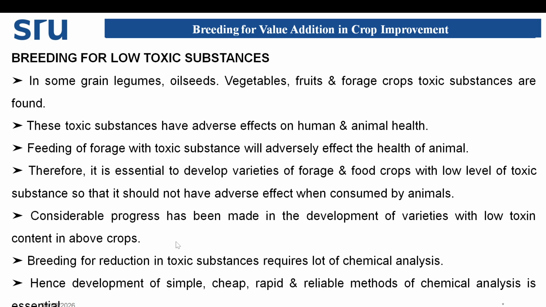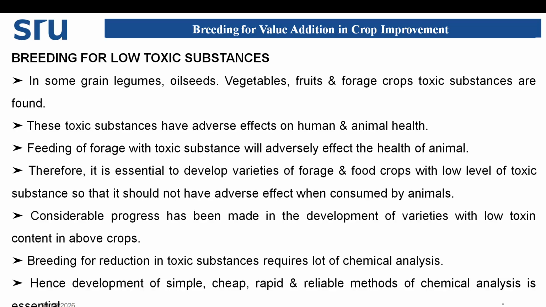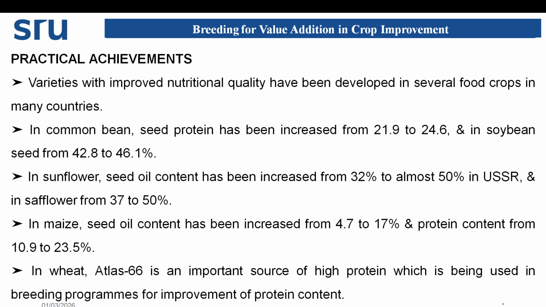Considerable progress has been made in the development of varieties with low toxin contents in the above crops. Breeding for reduction in toxic substances requires a lot of chemical analysis. Hence, development of simple, cheap, rapid and reliable methods of chemical analysis is essential. What are the practical achievements?